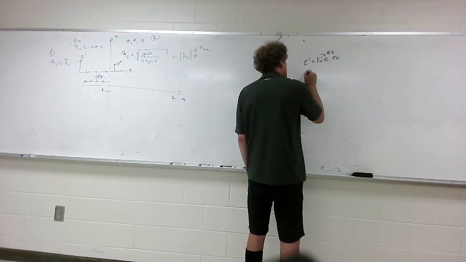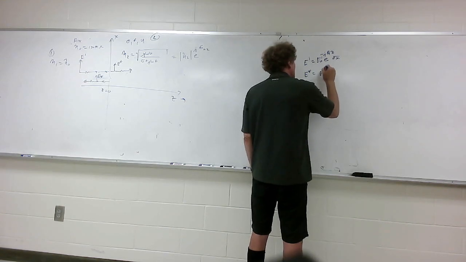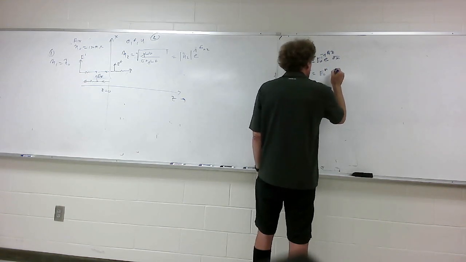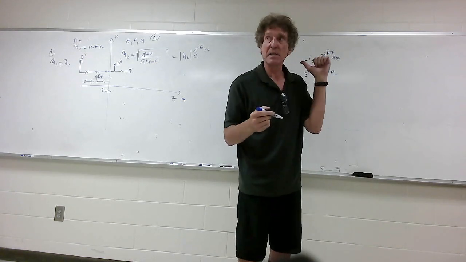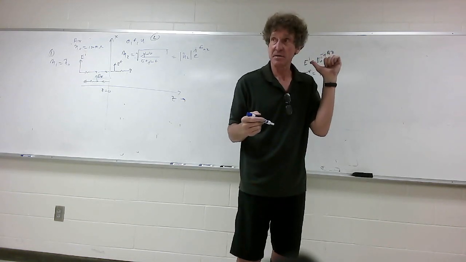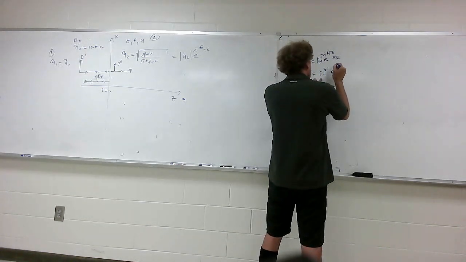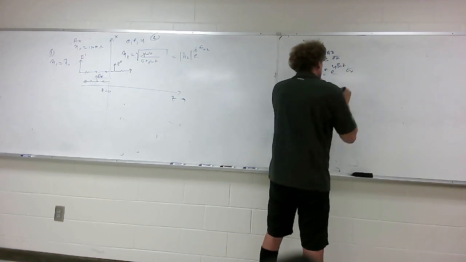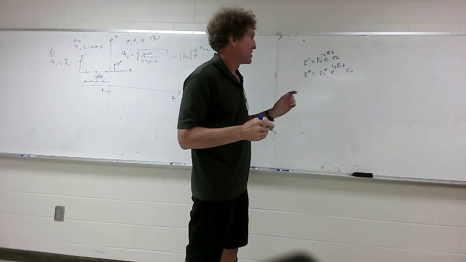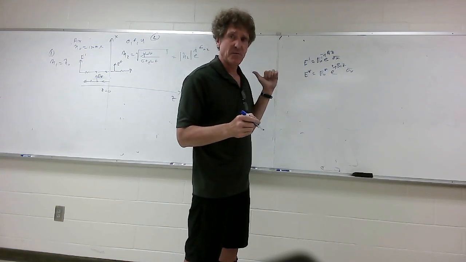Then the reflected waveform is some E naught reflected times e^(...). Now it's going in the opposite direction. A reflected wave is going in the plus Z direction, I mean the negative Z direction, right? So this is E naught reflected, but it'll be e^(+jβ1 z) in the a_x direction. Same polarization, only this one's moving in the minus Z direction. Can you all follow me in this, class?